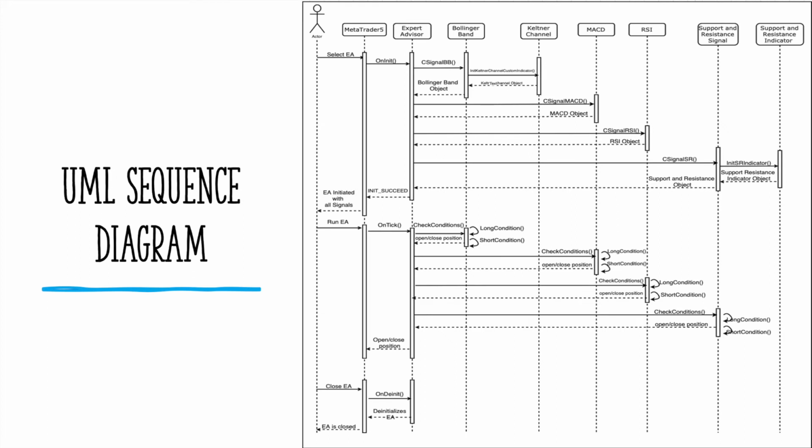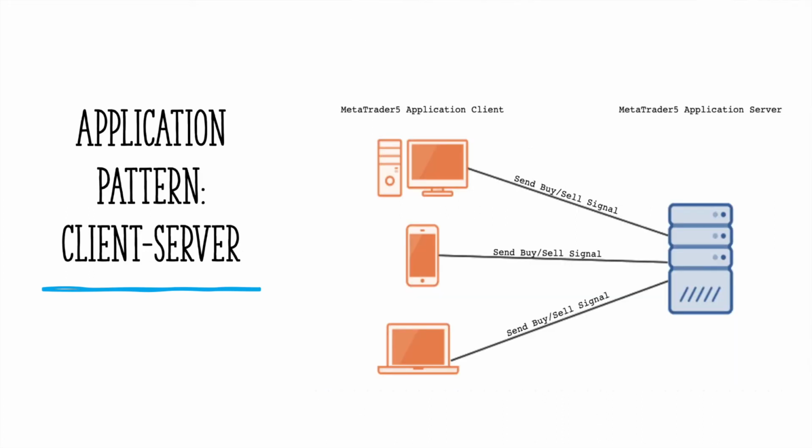This is our UML sequence diagram, just an overview of how each class interacts with each of the other classes and how the expert advisor runs as a whole. So our application pattern is using a client-server design, where the only time the MetaTrader 5 application client interacts with the server is when the expert advisor has to send a buy or sell signal.